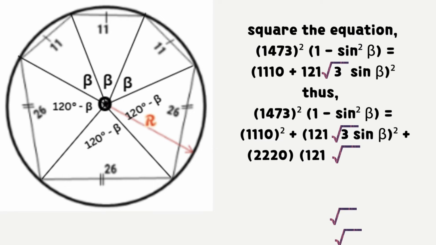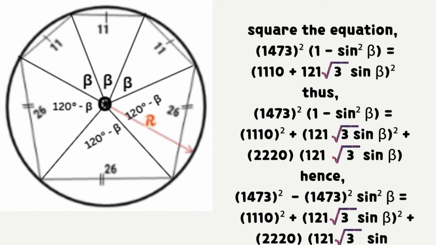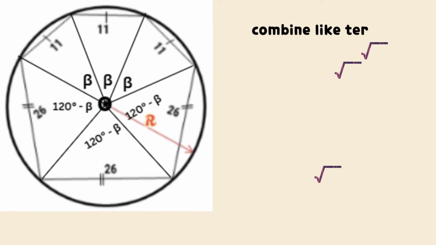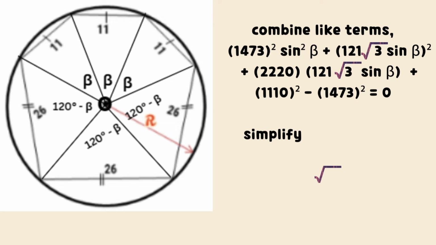Square the equation, expand the brackets and multiply out the terms with their outside common factors, respectively. Combine like terms, rearrange all terms to one side of the equation.